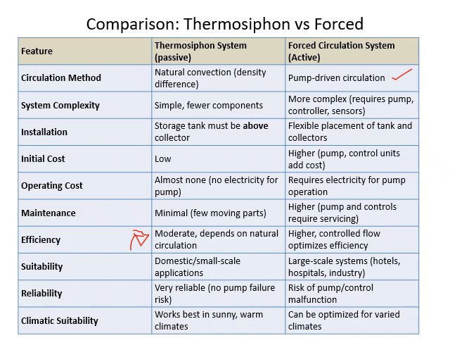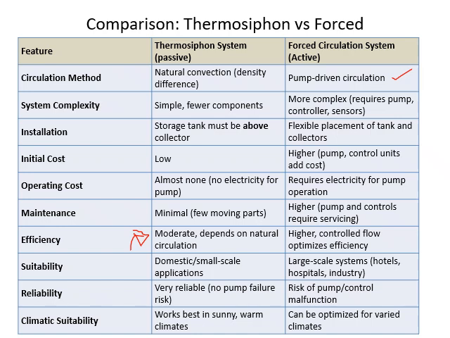Suitability: thermosiphon is for small households, small-scale applications. But when you have to move to a large-scale system like a hotel, hospital, or industry, for mass scale, you should install the forced circulation system to maximize the availability of area. And reliability: the fewer the electrical components, the higher the reliability, right?